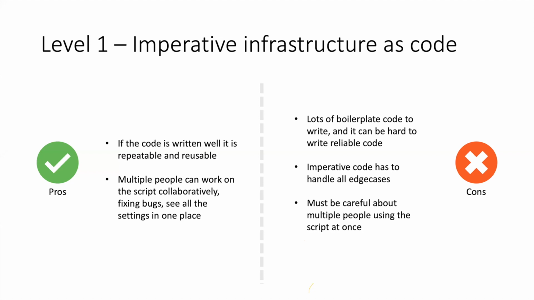But I have to write a lot of code to do this. It's a lot of boilerplate. I have to write the same pattern over and over again. And it can be hard to write this reliably. It has to handle a lot of different failure conditions. And there are still some weird race conditions where I have to be careful about multiple people using the script at the same time. Because if two people run the script at the same time, things can go wrong.